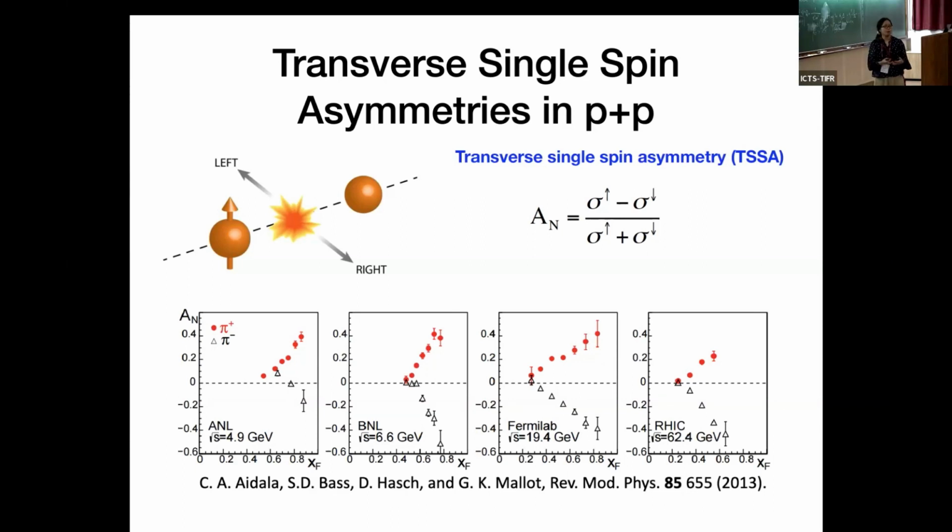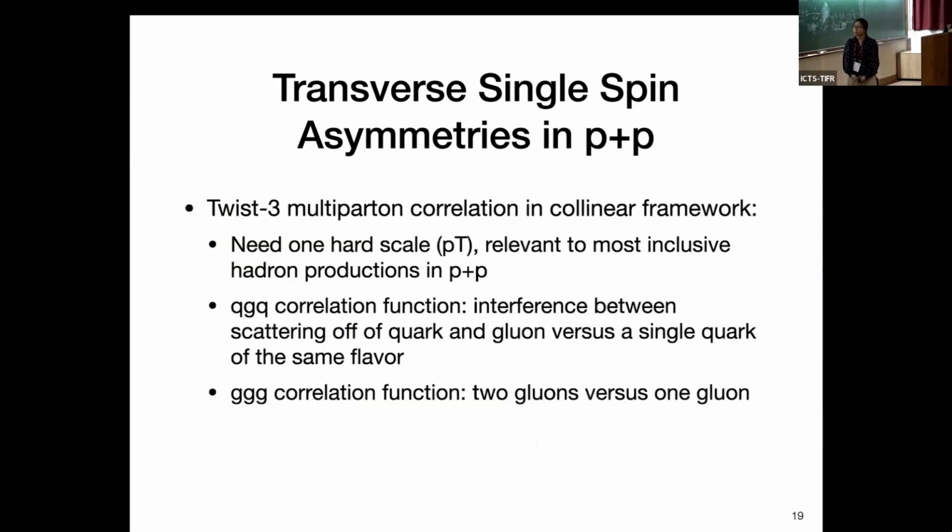So it was quite puzzling, and people started thinking about what is really causing this, the origin of this transverse single spin asymmetry, and then came up with the transverse momentum dependent effects, initial state effects, or final state effects, and so on.